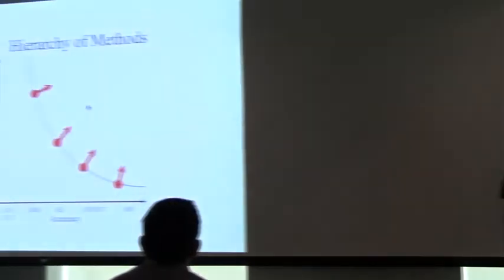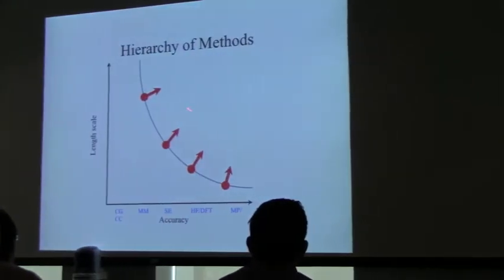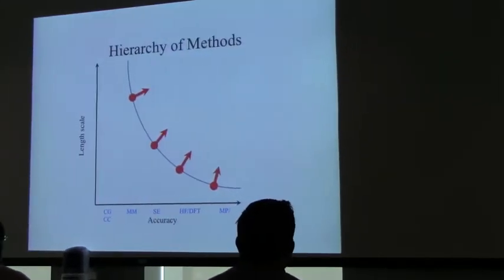So let me first take a giant step back, and let me just say that I like this plot a lot because it's basically a hierarchy of methods, and it shows that as we increase the accuracy of our methods, this should be like an overclustered or a couple cluster down here on this side as well.